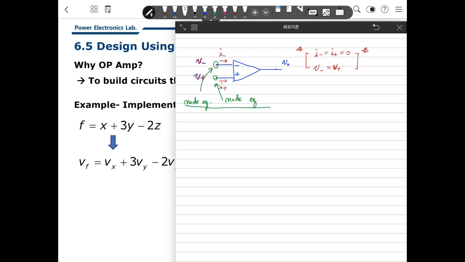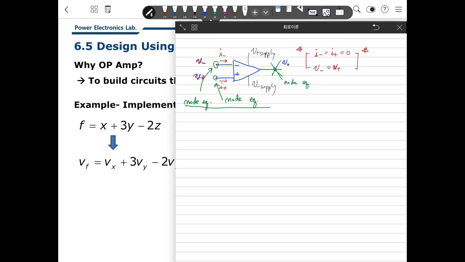You should remember that you should not apply the node equation here. Why? Because we ignore that point. This is the V plus supply, and this is the V minus supply.